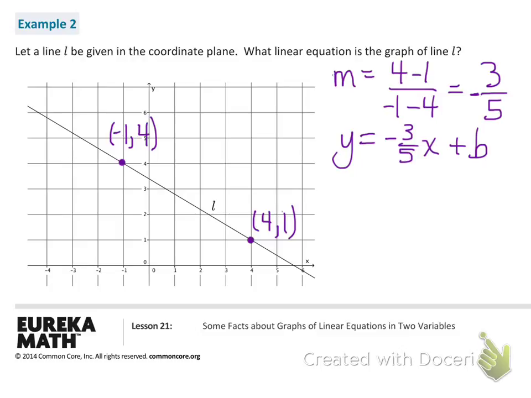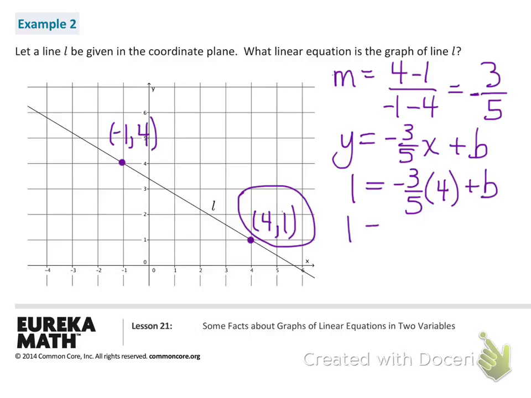Let's go with a positive one down here. We'll put in 4, 1. So the y value is 1. So I'm going to say 1 is equal to -3/5 times the x value, which is 4, plus b. Okay, so 1 is equal to -12/5 plus b.